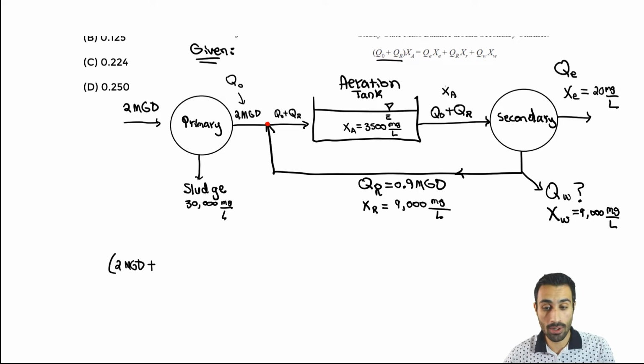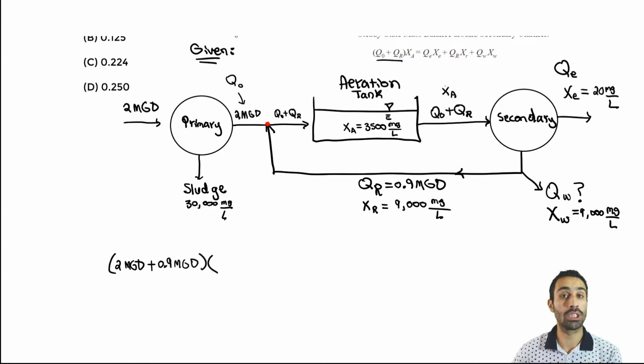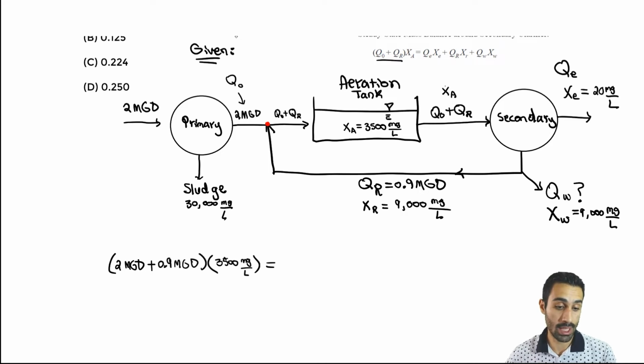Q naught plus QR is what comes in. So we add that, and that would be the 0.9 as given in mgd, million gallon per day. Then we multiply that by XA, which is the MLSS, which is 3,500 in milligram per liter. Then we take that equal to, so this side is what comes in.